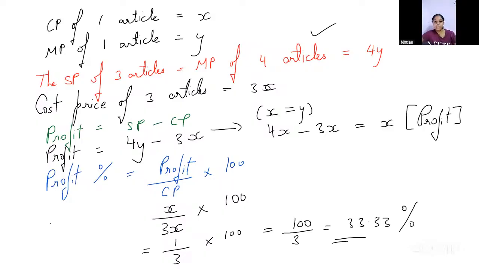Then with profit X and cost price 3X, X upon 3X is in the form of 1 by 3, so we replace it with 1 by 3 into 100, and then we calculate the answer.